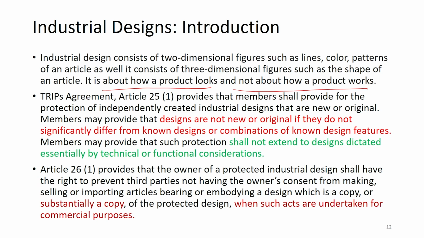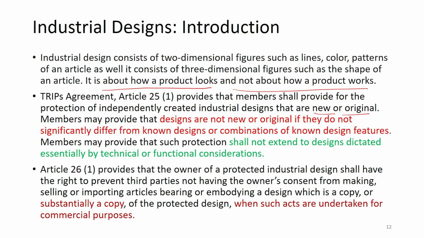Article 25, clause 1 of the TRIPS agreement provides that members shall provide for the protection of independently created industrial designs that are new or original. So, the criteria is mentioned in Article 25.